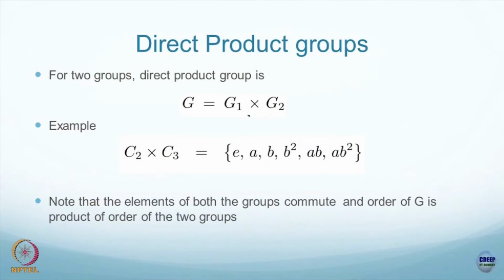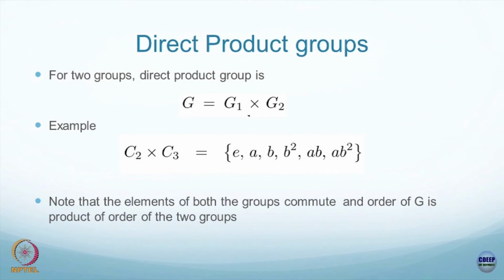So, as a simple example I have given you a C2 and a C3. C2 was just E with A, C3 was with E, B and B squared. It is not same as the symmetric group of degree 3. Okay. Why?